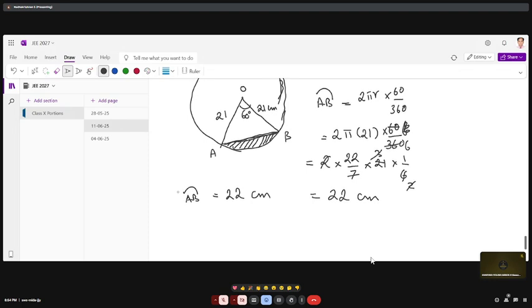Now, I am applying the same logic. For the area of this segment, what will that be?